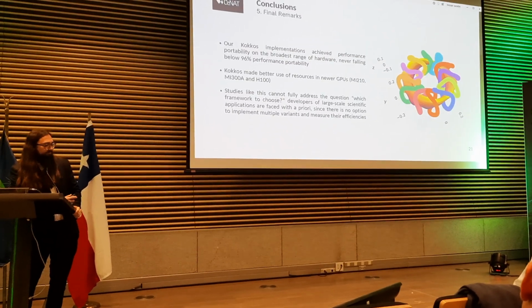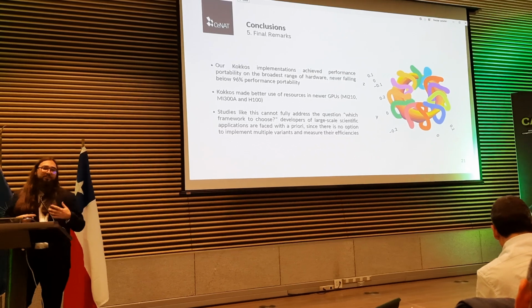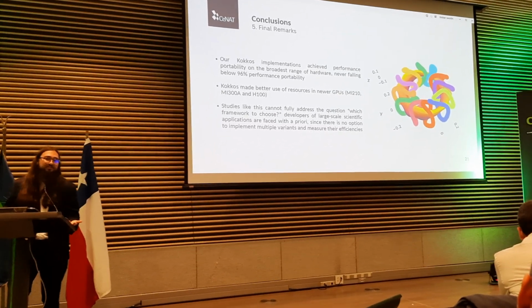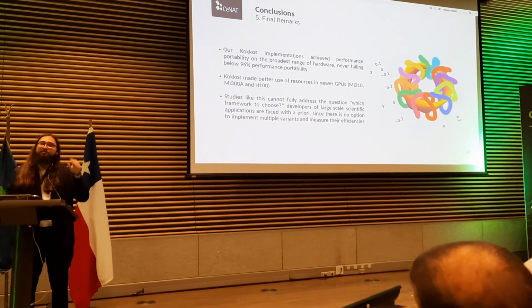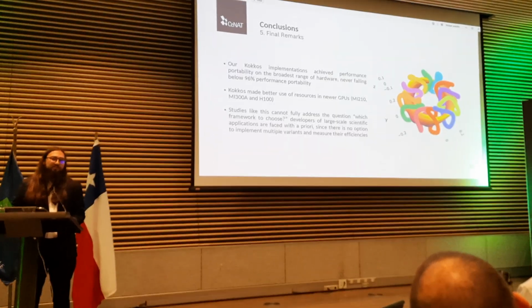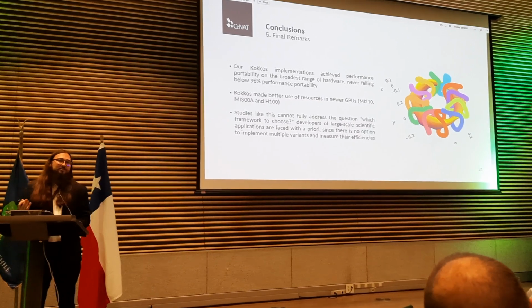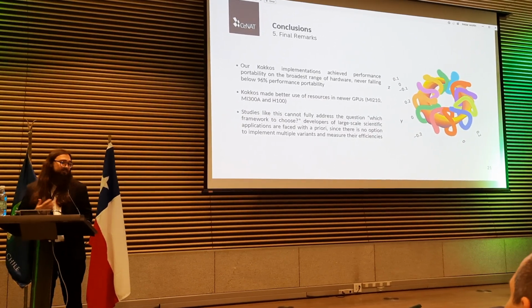So basically, we obtained some very performance portable versions of our code with Kokkos, with both simulations never falling below 96%. And we also observed that on the newest architectures, Kokkos did seem to obtain some of the best results.